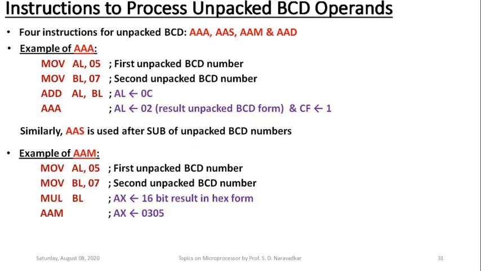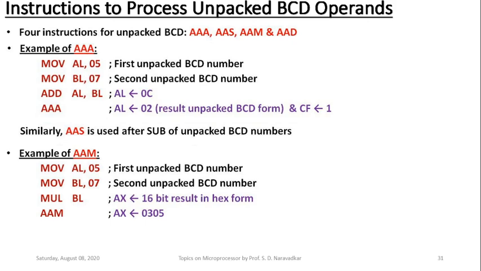Next will be the example of AAM, ASCII adjust accumulator after multiplication. Now here, MOV AL, 05, the first number is taken into the accumulator. The accumulator is a must in case of unpacked BCD manipulation instructions.